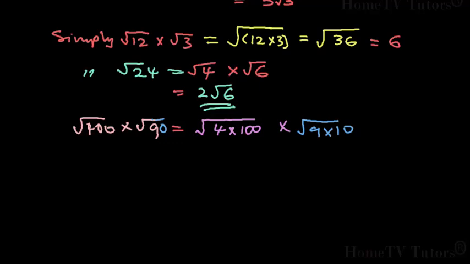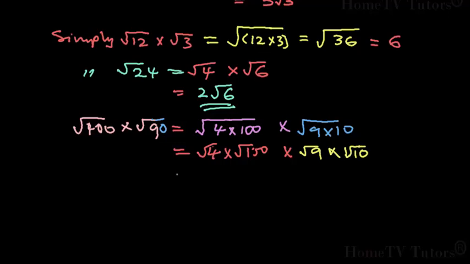Good, so we continue. We break this down, so we have square root 4 times square root 100. Then we also break this down, which gives us square root 9 times square root 10.